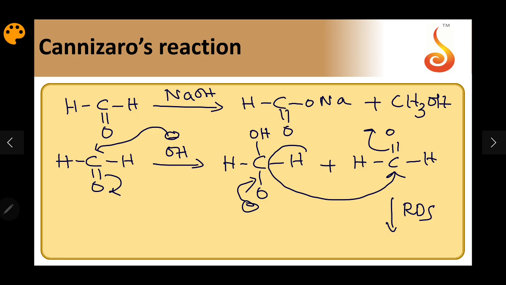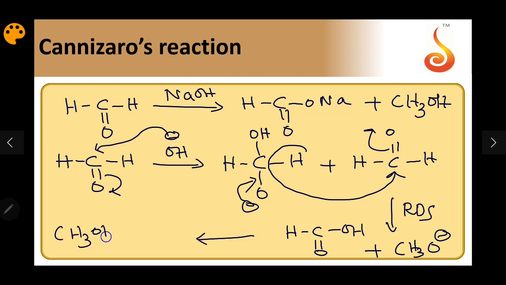So once I remove the hydride from this, I get HC double bond O OH, and this one becomes methoxide ion. So methoxide is a very strong base and formic acid is the acid. Immediately proton is lost from it. I get methanol as the product and formate ion. So formate ion is formed and methanol is the byproduct. This is the Cannizzaro reaction. So Cannizzaro reaction happens only if there are no alpha hydrogen atoms.